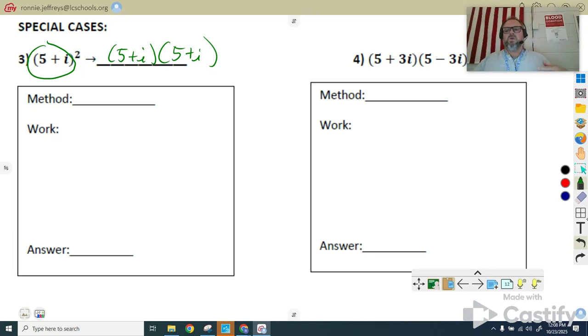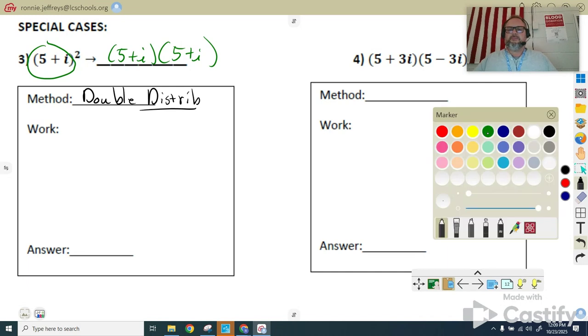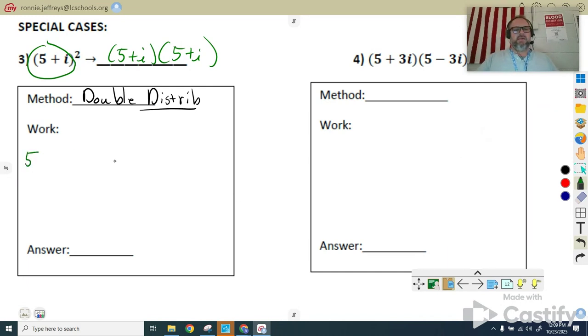Now, we have done FOIL, we have done box. Any double distributive fans? I am going to show double distributive on this one. I'm going to put a 5 here and a plus i here, and then I'm going to put this here and this here.